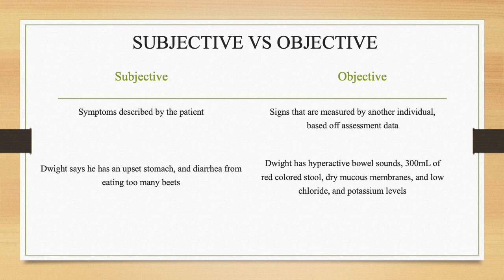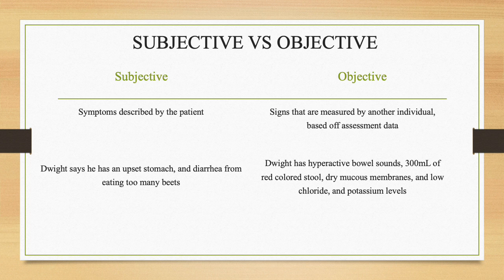If you're not sure what those two mean, let's break that down because it's really important that you understand the difference. When we talk about something subjective, that's something that is described by the patient. So let's say they complain of having a really bad stomach ache and they feel like they have a fever. That would be subjective. It's the patient's experience. Then we have objective.